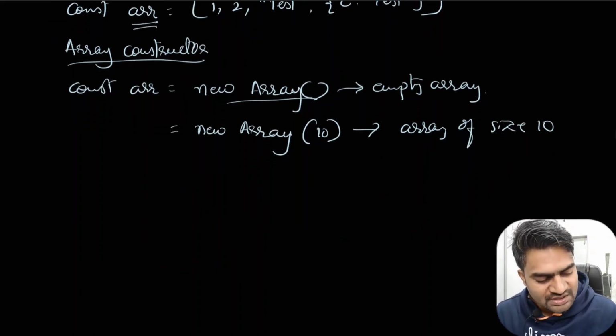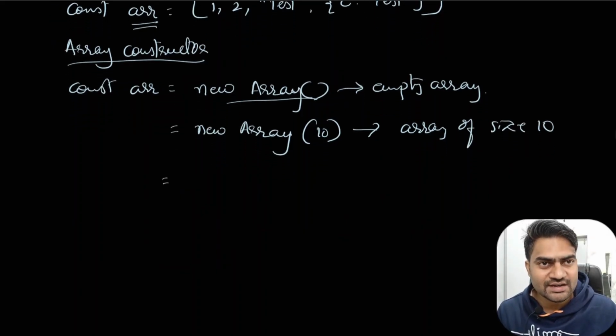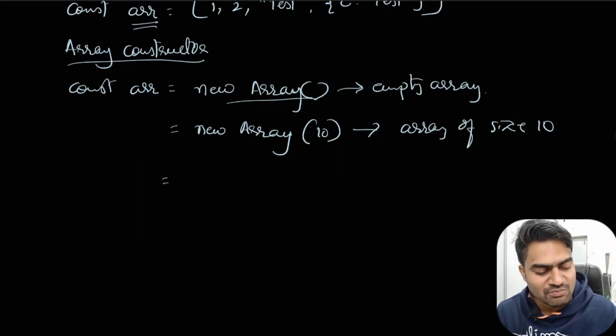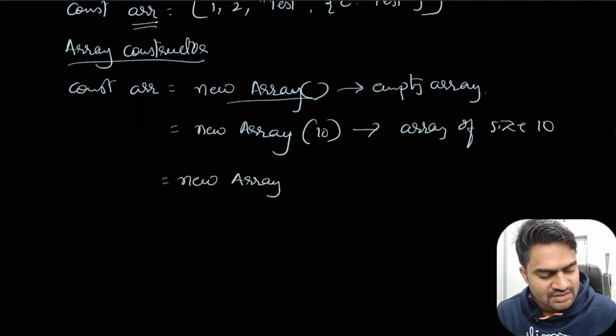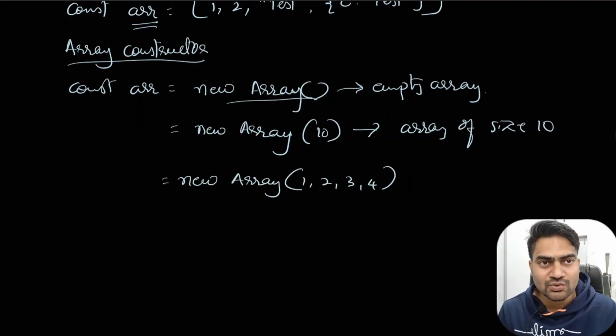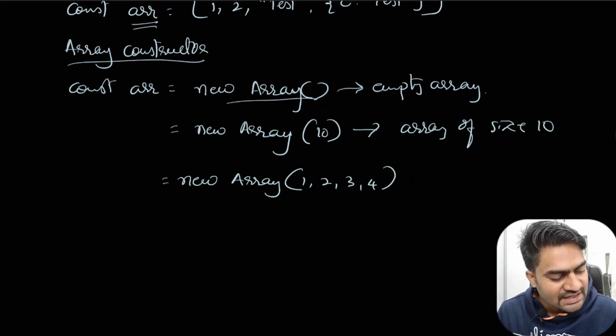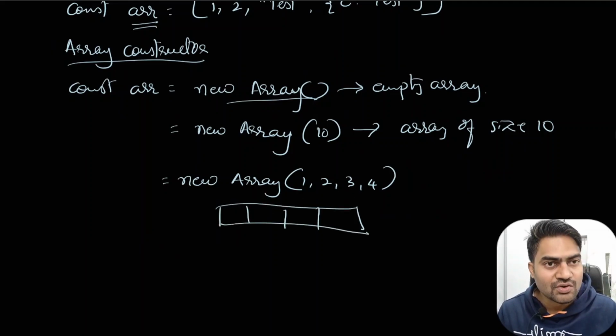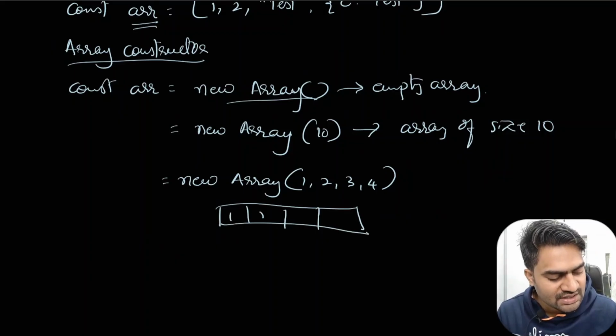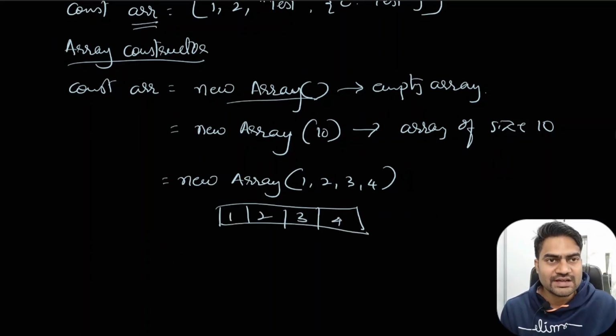One more way is where we want to create the array and also initialize it with some elements using the same constructor method. We can do something like this, new Array(1, 2, 3, 4). If we do this, it will create an array of size 4, or length 4, and then initialize the values.